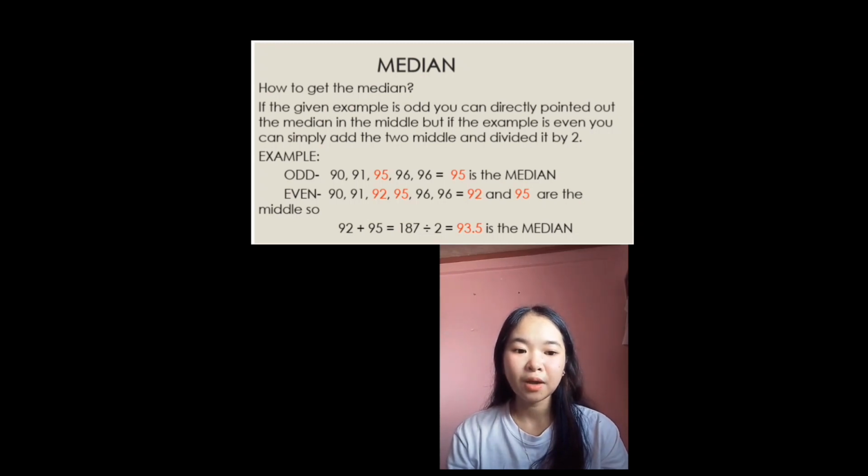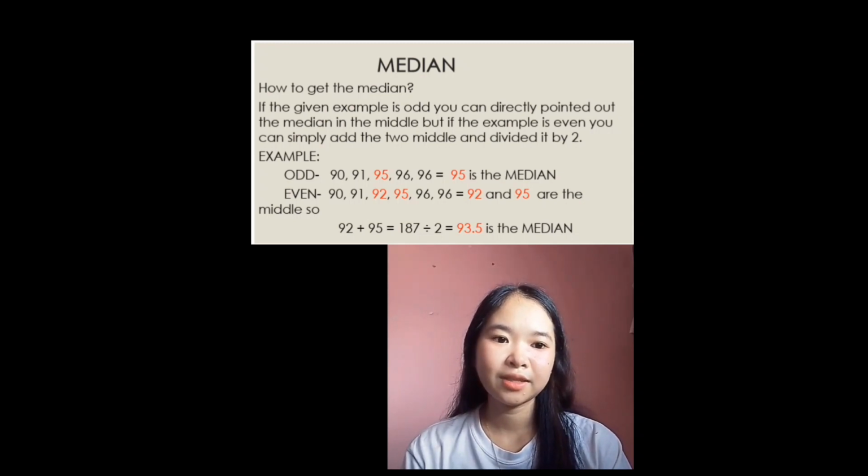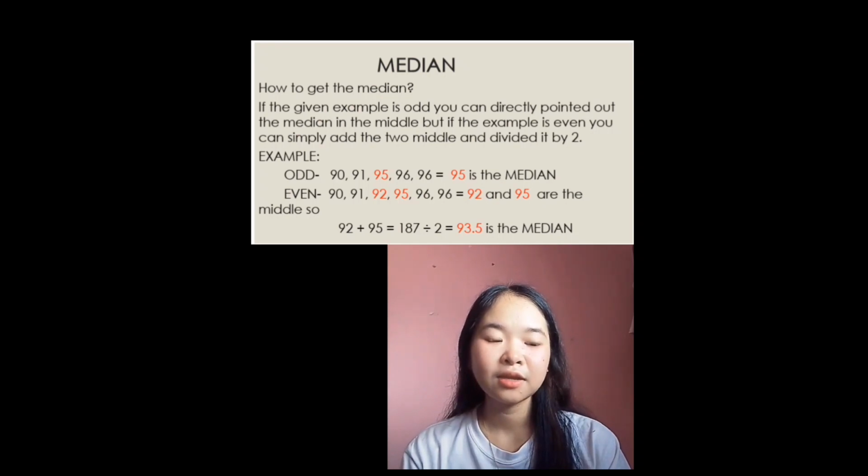So we have two middle numbers, 92 and 95. We add them, and the sum is 187. Divided by 2 is equal to 93.5. So our median is 93.5.